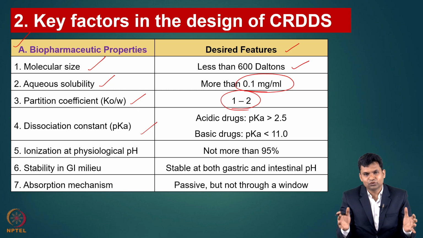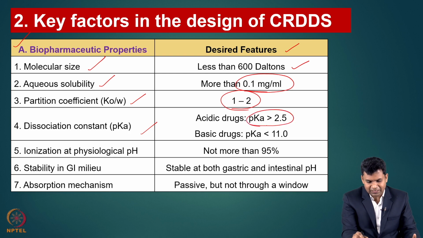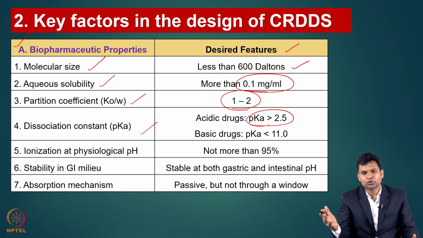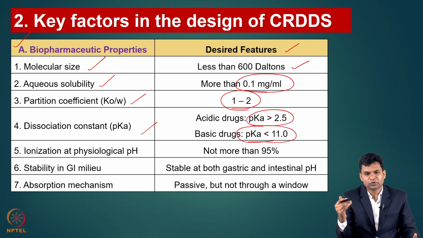Acidic drugs, as we know, will not dissociate in the acidic medium. Similarly, basic drugs will not dissociate in the basic medium. In such cases we need to consider that if your drug is an acidic drug, the pKa value should be more than 2.5, whereas if your drug is a basic drug, the dissociation constant should be less than 11.